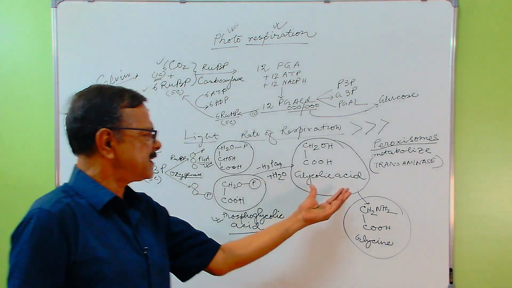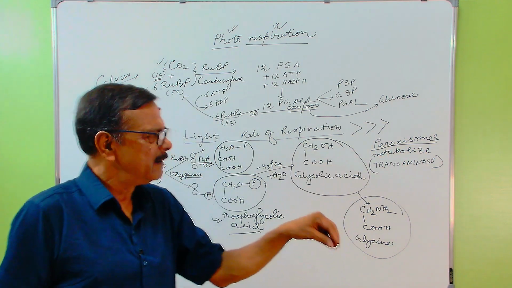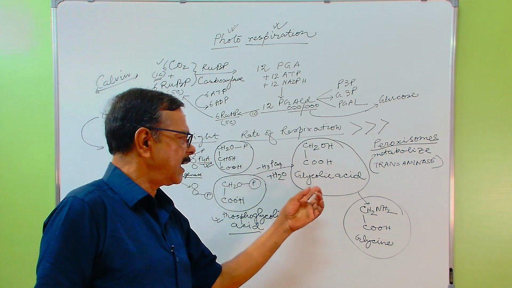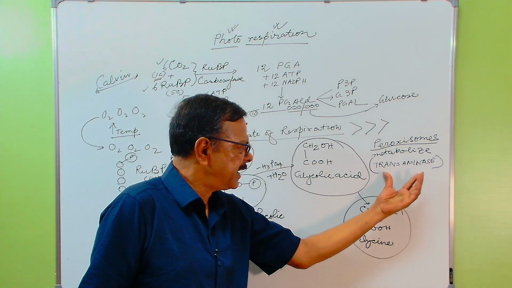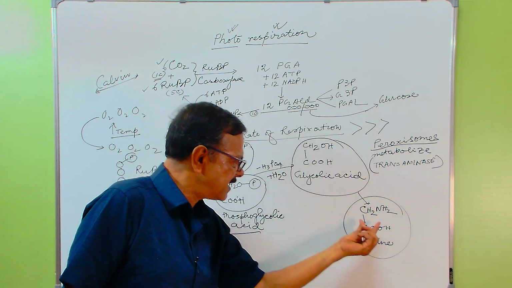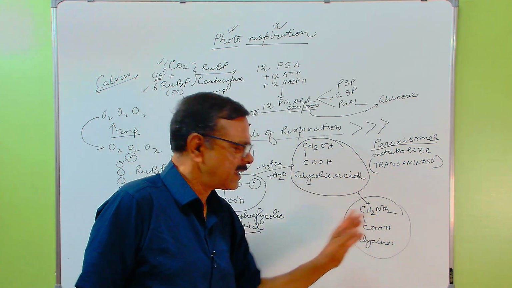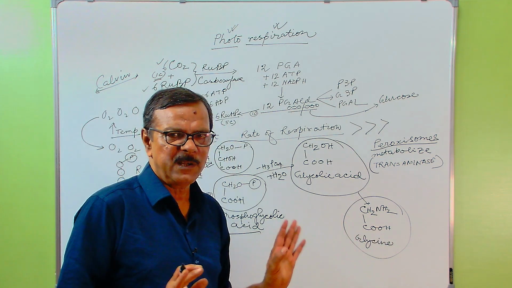So glycolic acid, with the help of the peroxisome in the cell, is metabolized by transamination and an amino group is inserted. This is known as glycine. This is also an acid, with the acidic COOH group.